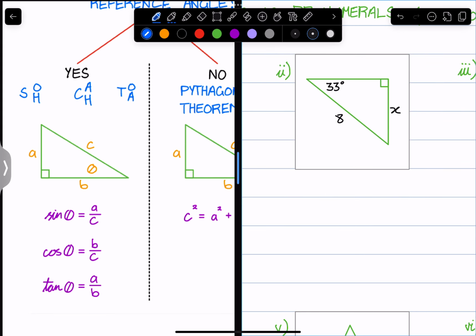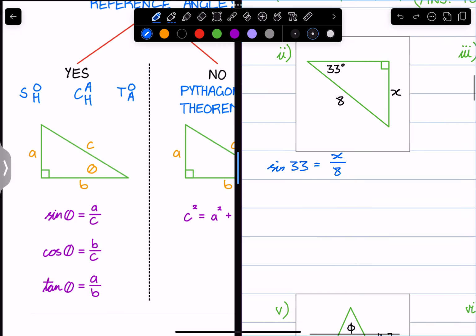This now gives us sine 33 equals x over 8. We want x on its own, so multiplying by 8, we get 8 sine 33 equals x, and that is what we type into our calculator.